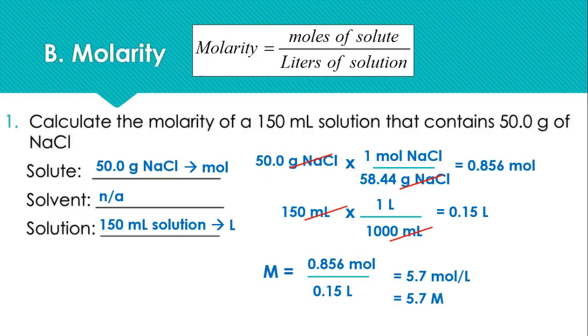We can shorten that and just say it's 5.7 with a capital M. That capital M is for molarity, and it actually is going to make a difference whether you have capital M or lowercase m's or mole. So that's our answer. And the way you would say this is we have a 5.7 molar solution.